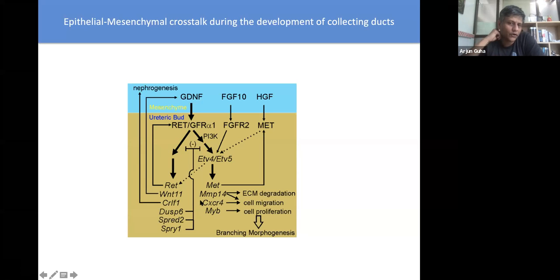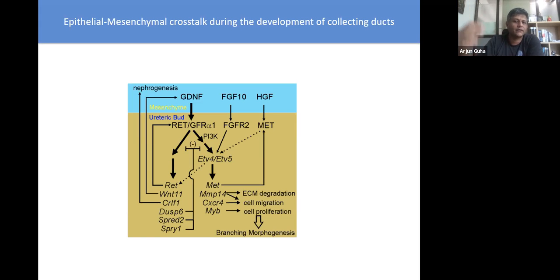And so what they then noticed is that if you made a quadruple mutant mouse, where you removed glial-derived neurotrophic factor, you removed RET or GFR1, you removed Sprouty, and you removed FGF10, then again you would see no branching at all, and you would see complete kidney agenesis. So unlike in the context of the lung, where there seems to be a very simple hierarchy that is driving the entire process of branching morphogenesis, and that involves FGF10 and FGFR2, in the case of the kidney, there is a primary signaling pathway, which is GDNF and RET.